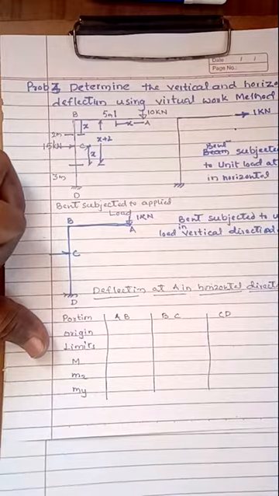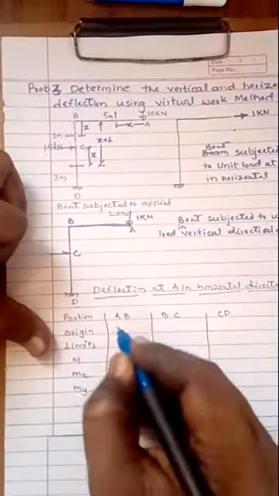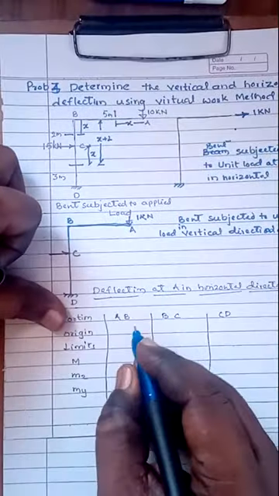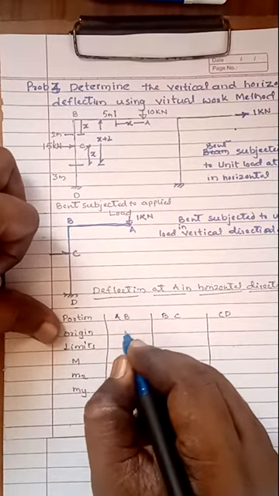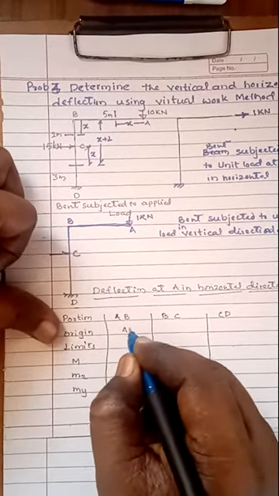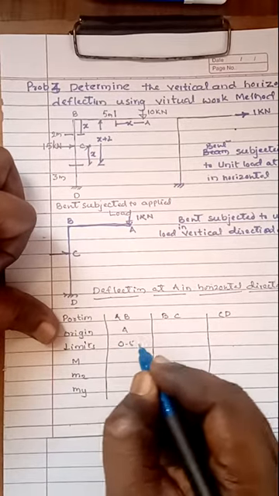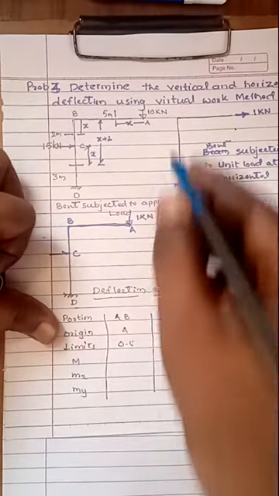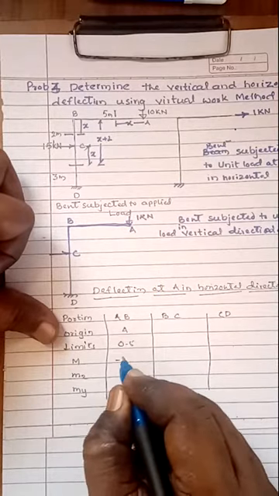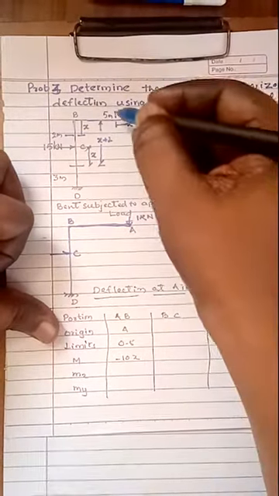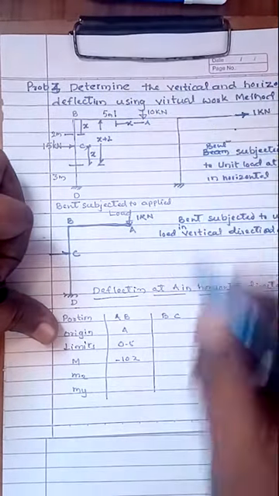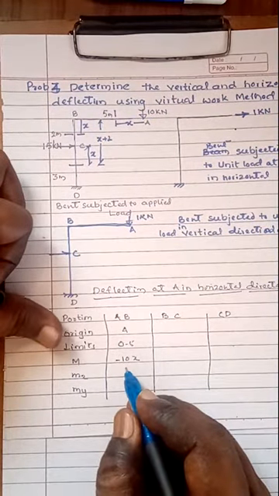For the first portion A to B, we consider a section at a distance of x. The origin is A, x is the only variable, and x varies from 0 to 5. Then the bending moment due to the applied load is minus 10x.